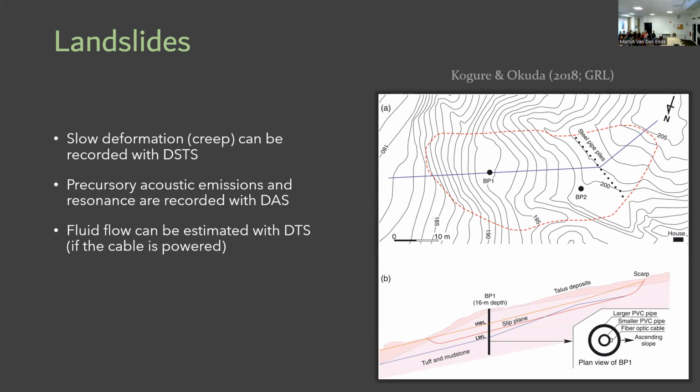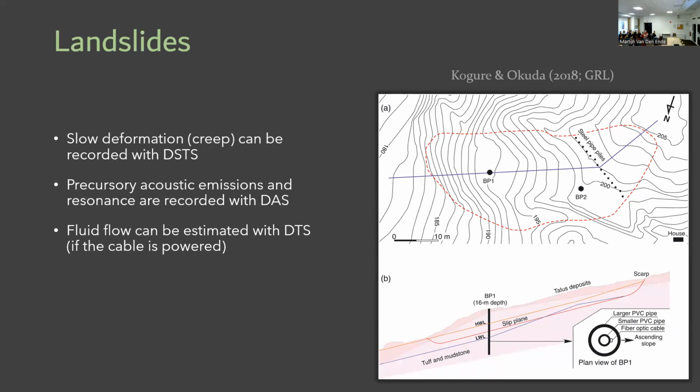So for instance, for landslides, this is one example that I found where they actually put it in a borehole, but you can imagine digging a trench and putting your fiber on the landslide itself to monitor things like creep and maybe precursory activity like acoustic emissions coming from the landslide.